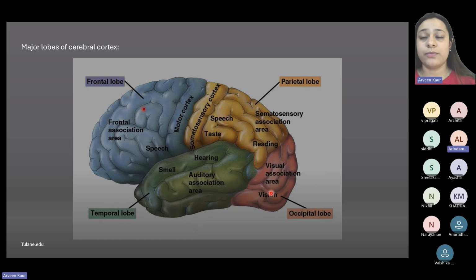Then the occipital lobe is a major visual area, where the vision and the processing of that vision is basically going to take place. And then the temporal lobe is majorly responsible for the sense of smell and hearing and the auditory association area, right? Why? Because it is closer to the ears and to the nose, right?